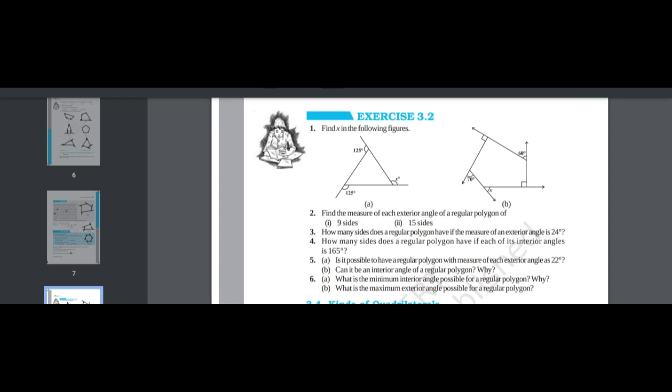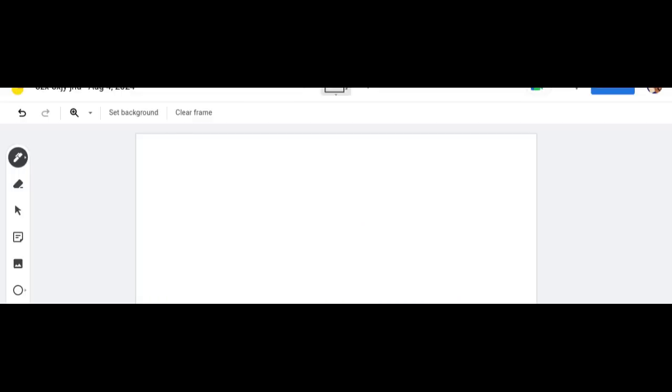So this is a trick. If the given value is the interior angle but you have to find the exterior angle, you can simply subtract the interior angle from 180. Then the answer will be the exterior angle.